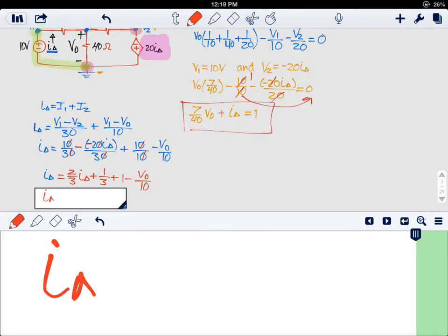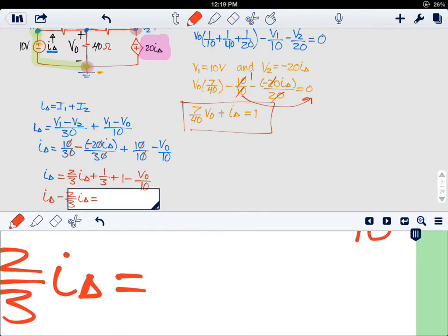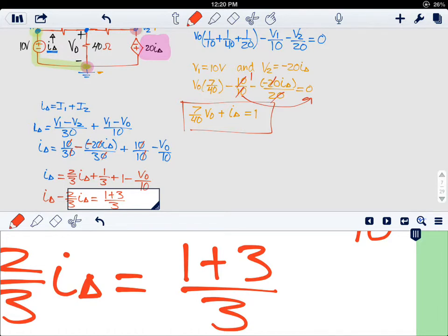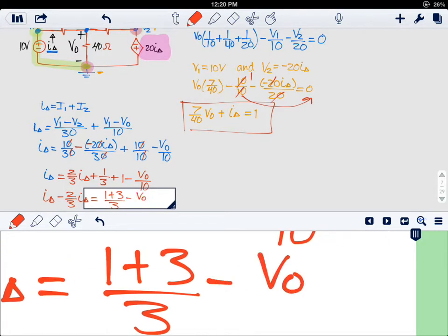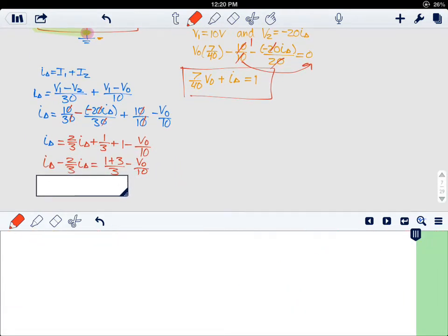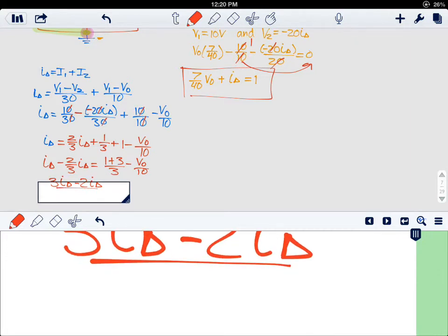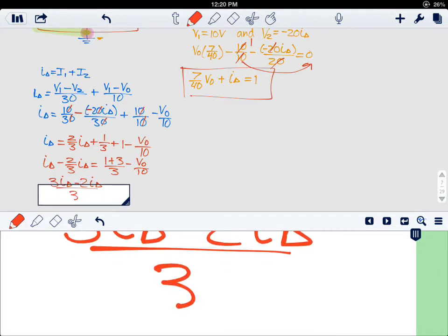We could pass this to the other side, subtracting. And 1/3 plus 1 is (1 plus 3) over 3, finding a common denominator, minus VO over 10. And 1 minus 2/3 is 3 minus 2 over 3.